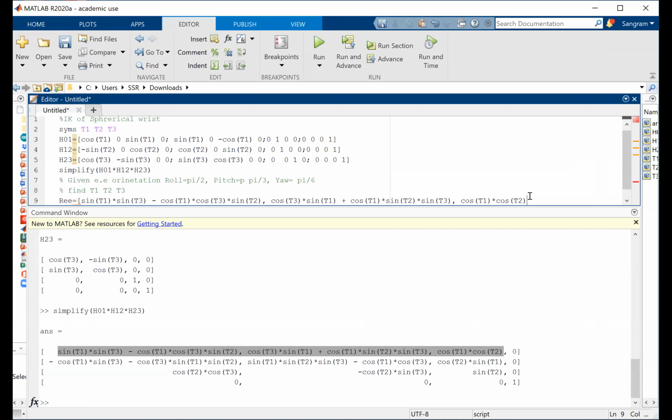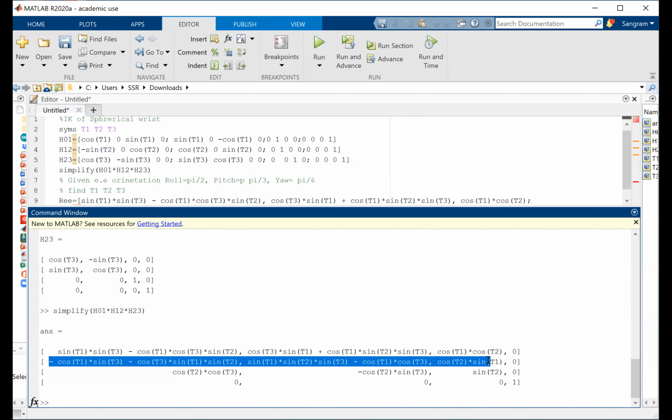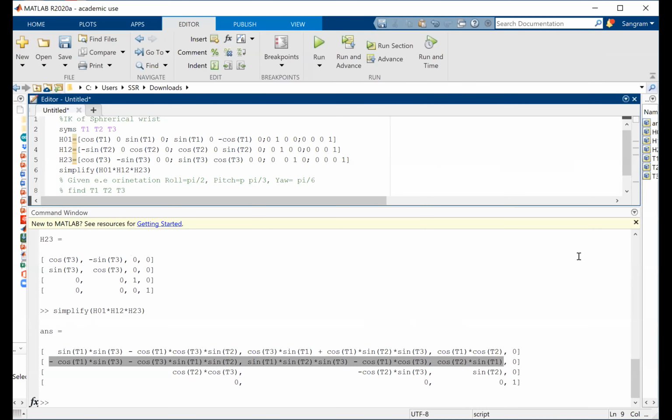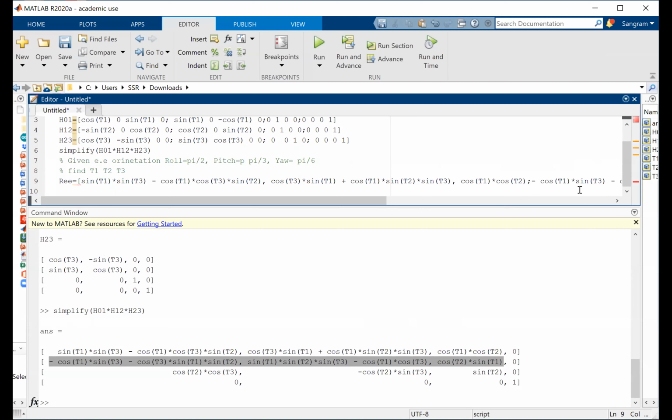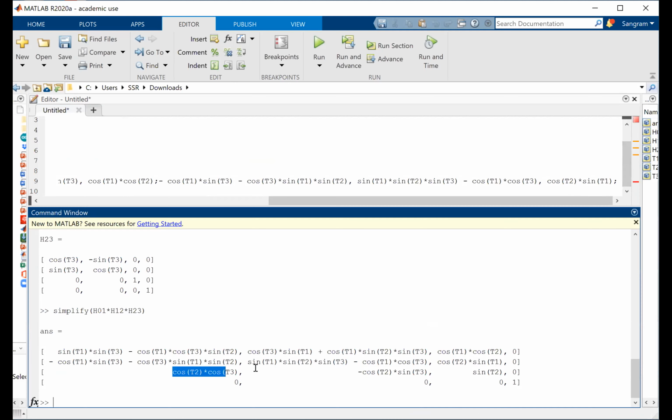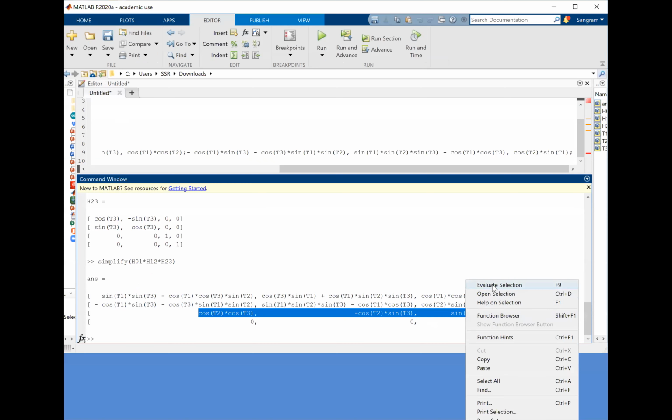Then I have the second row, copy, paste. Okay, paste. And before you convert this into degrees, just hear me out.